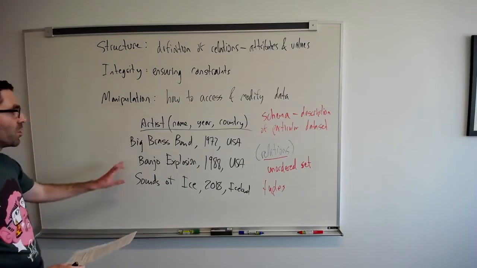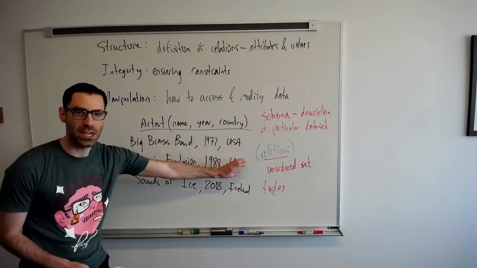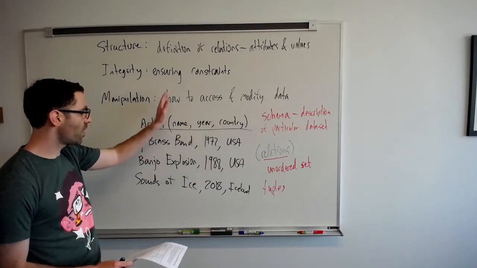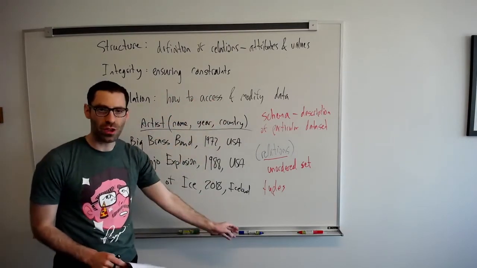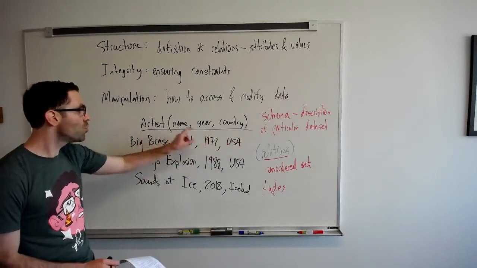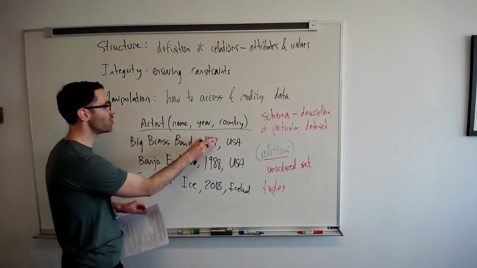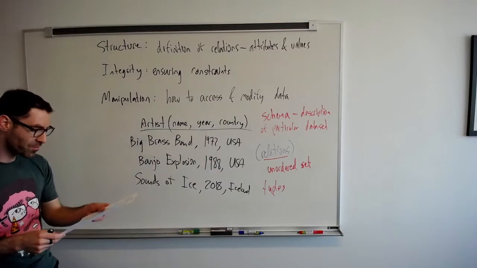And so we have our artist relation that has 3 tuples in it. And our artist relation is defined right there as a name column, there's a year column, there's a country column. And then each row in this relation, each tuple, has a value for each of the attributes that the relation defines.